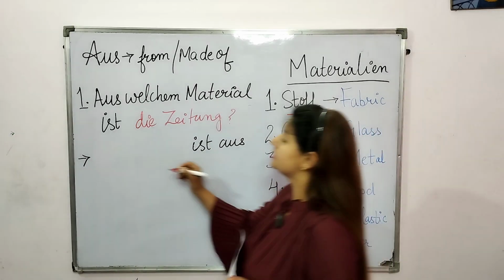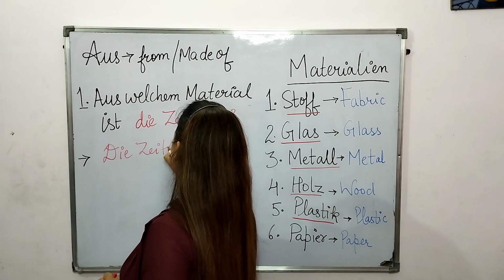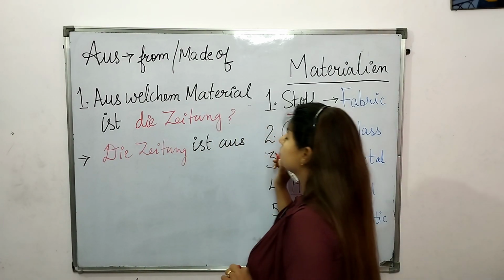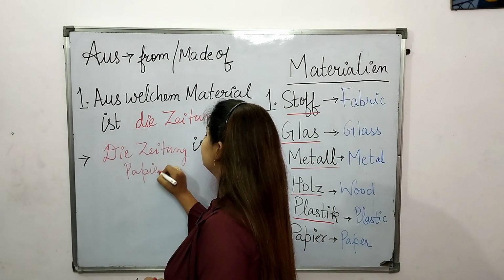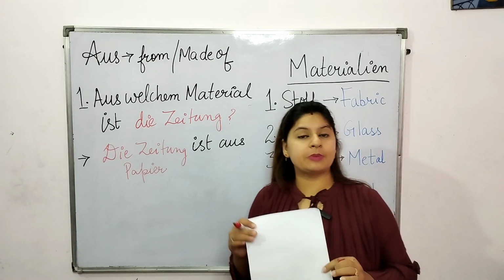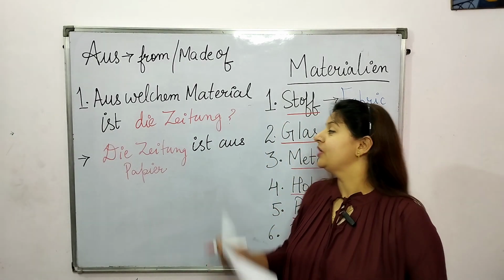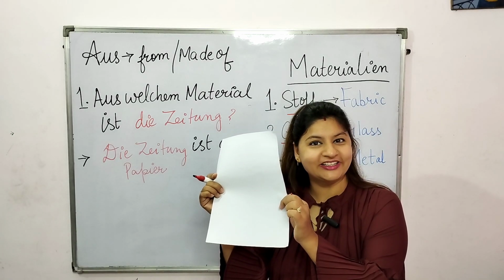So we can answer, die Zeitung ist aus Papier. The newspaper is made up of paper.